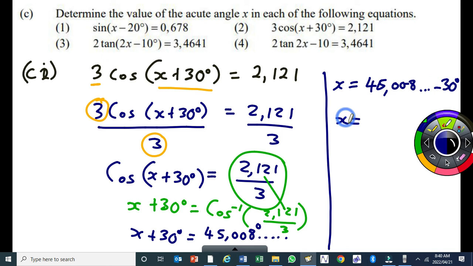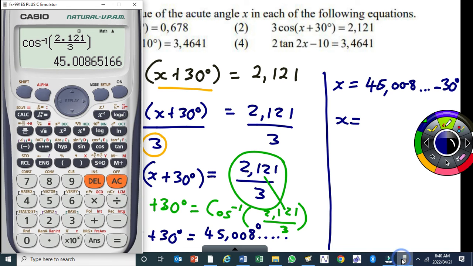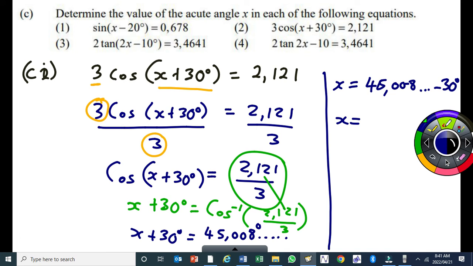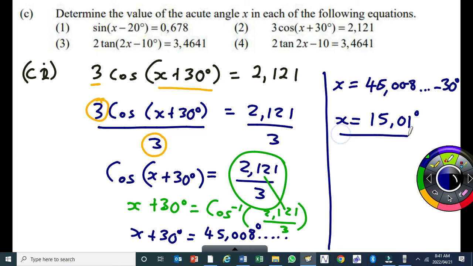So let's find the answer. I still have my original angle, which is not rounded off. So I'll just subtract 30 degrees. And then I'll get 15,01. So my final answer will be 15,01 degrees. That's x. Are you following there?